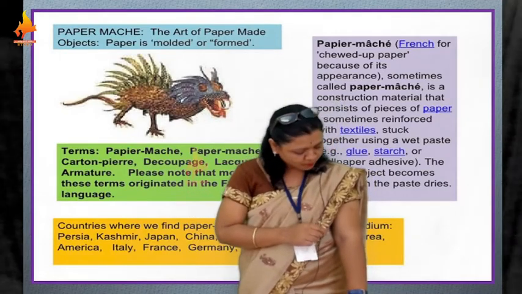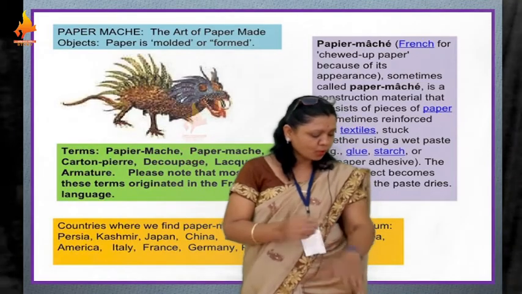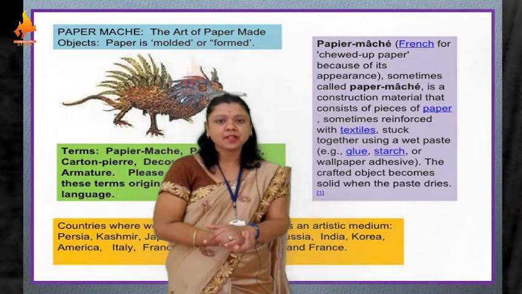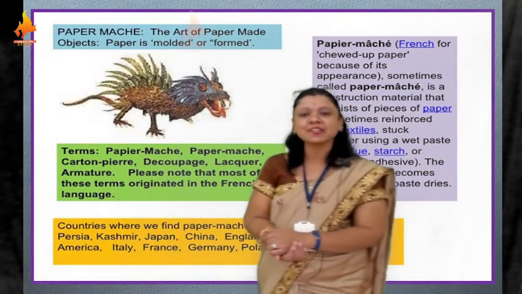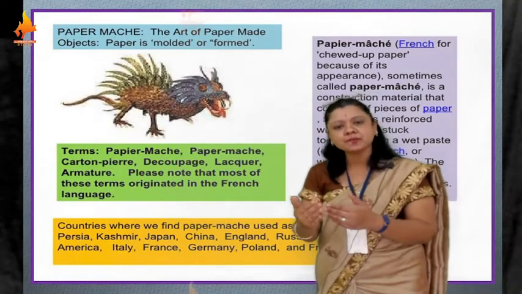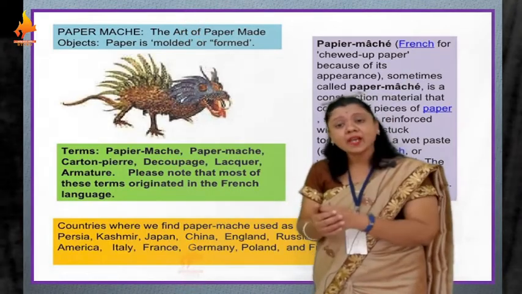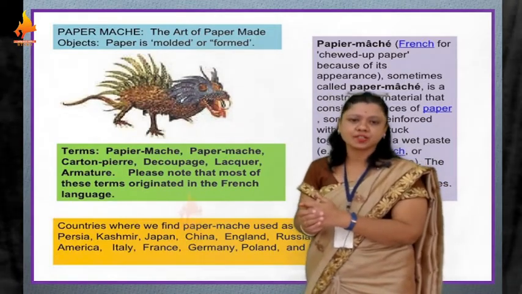The French popularized this moldable pulp in Europe during the 1600s. See here, my dear students, behind me, if you see on screen, you will get to know how many terms there are for paper mache, right? Where this craft originated.